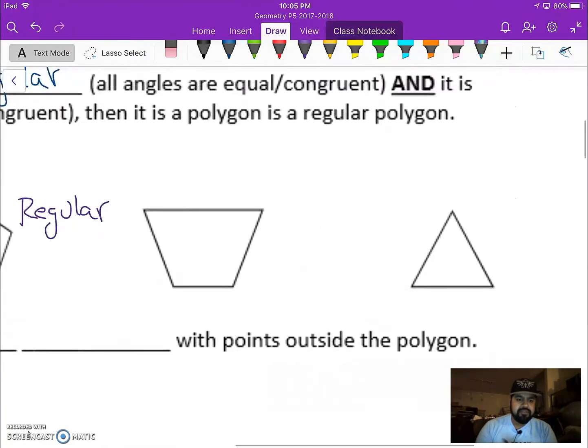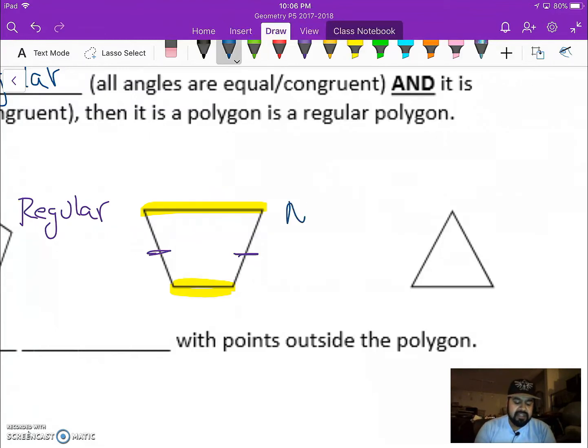Our third shape is a trapezoid. Now, the trapezoid is not a regular polygon for several reasons. First off, the only sides we know that are congruent are these 2 sides. We don't necessarily know if this side is congruent to those, but we know for a fact that these 2 sides are never equal in a trapezoid.